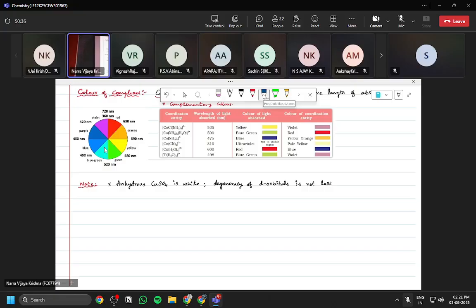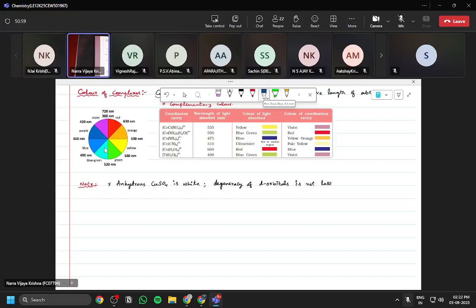Then what about the energy and wavelength of radiation absorbed? The energy gap is more, so it will absorb a lower wavelength. Then what happens to the color of the complex?